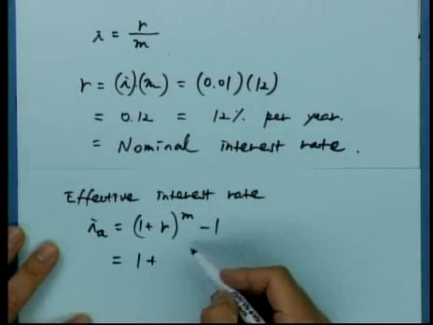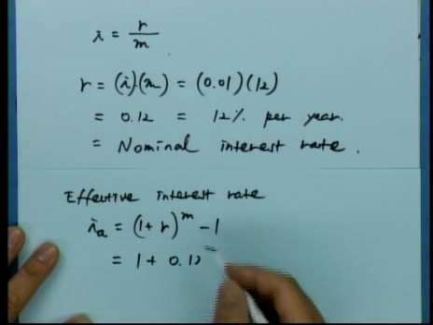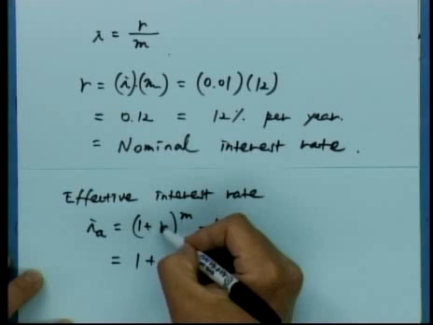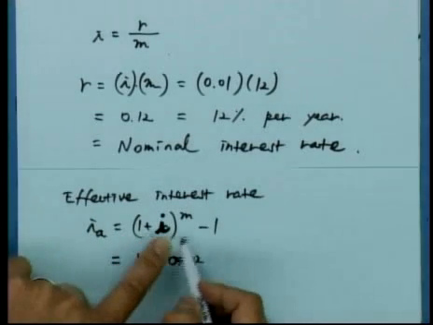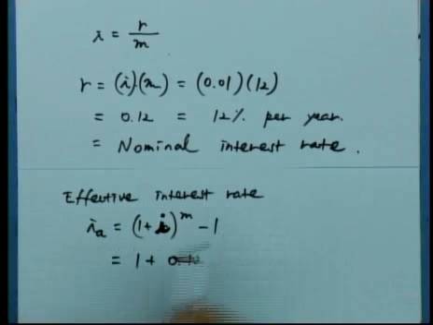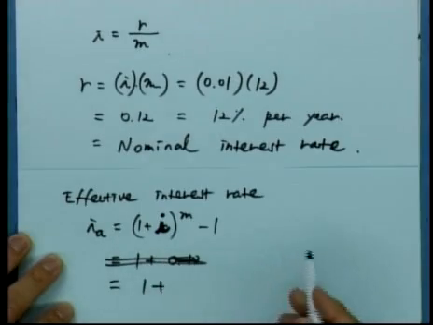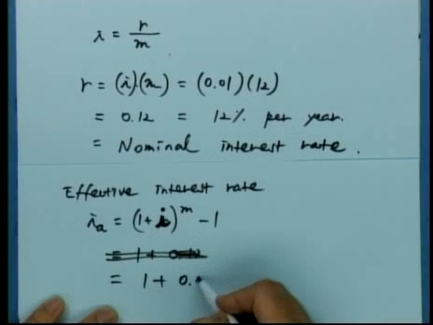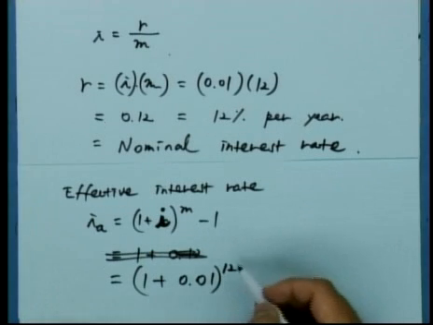So this is going to be I, right? So 1 plus I to the power M minus 1. Sorry. So it's going to be 1 plus I, which is 1%, right? Earlier. So 1.01 to the power M. M is 12 because there are 12 months in a year, minus 1.